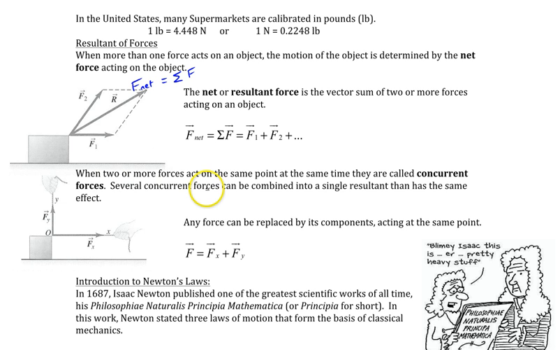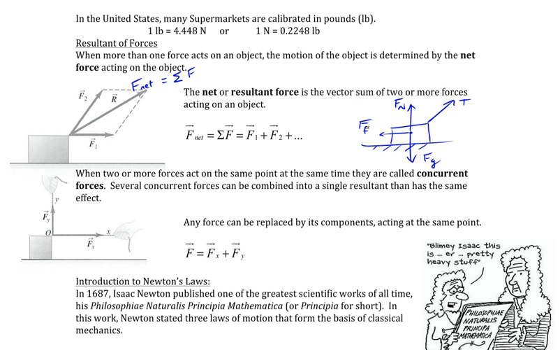When you have two or more forces acting at the same point, we call that a set of concurrent forces. So let's say there's the floor here, and I put some object like this box, and then there's a rope attached to it that I'm pulling with the tension. We have the weight pulling it down, the force of gravity. We have the normal force pushing upwards, and maybe we even have some friction opposing along that rough surface over here.